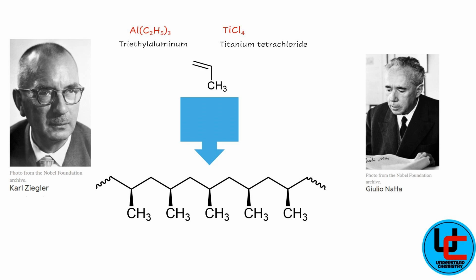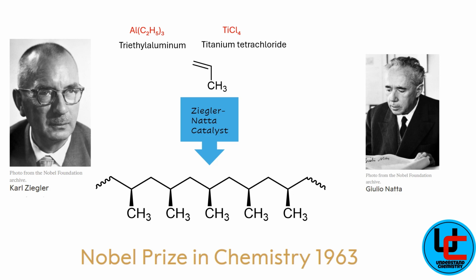This regular arrangement gave the polymer high crystallinity, strength and thermal stability. Since Natta's work expanded the scope of Ziegler's catalyst to include stereochemical control in polymerization, it was recognized as the Ziegler-Natta catalyst. Ziegler and Natta were jointly awarded the Nobel Prize in Chemistry in 1963 for their discovery.